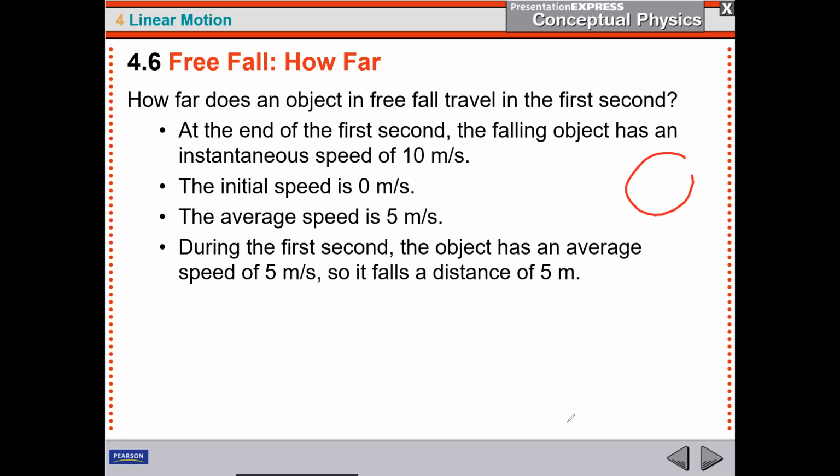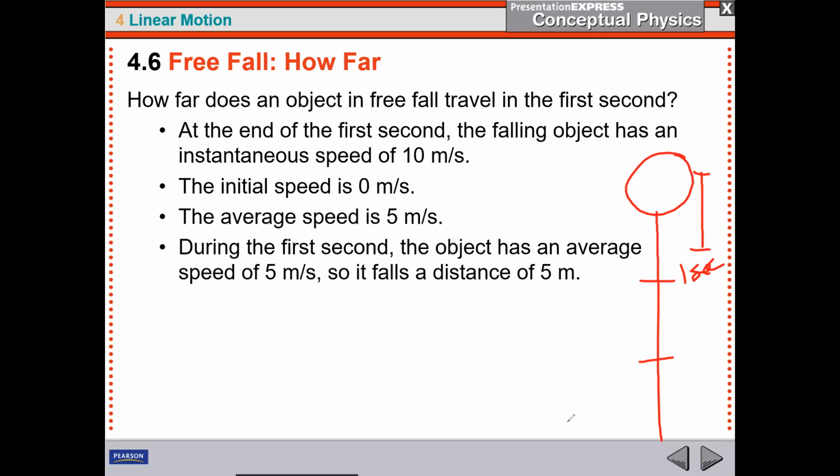This ball has a free fall now. At the first second, he asked me about the distance: what is the distance that this rock travels in the first second?